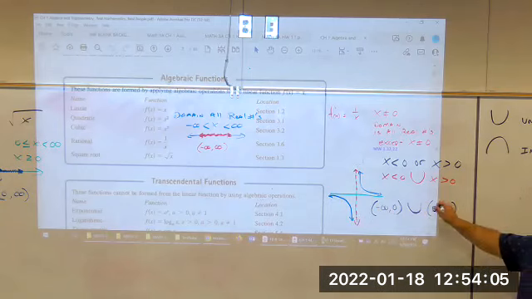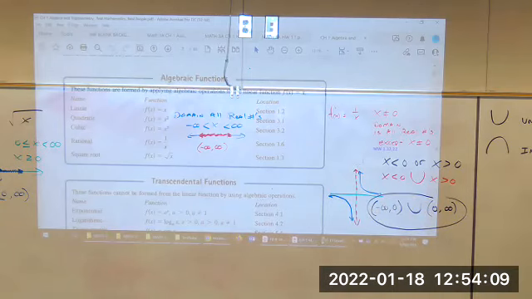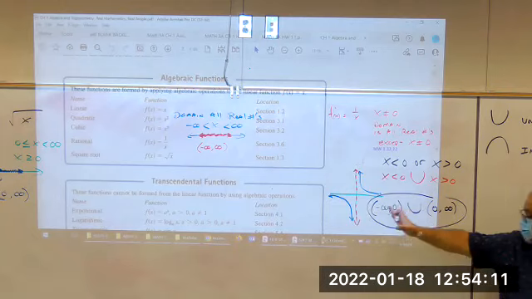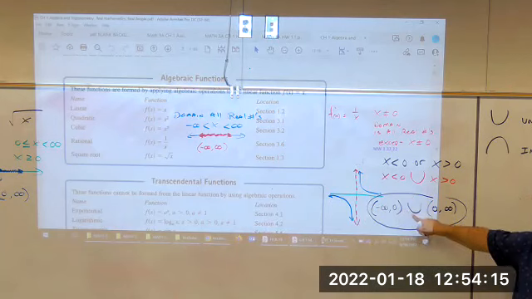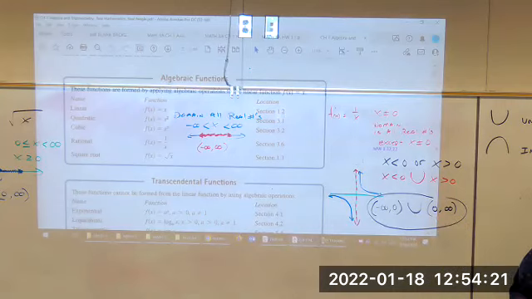This is how you would write it using interval notation. That's everything from negative infinity to 0, but not including the 0, joined together, union, the set of everything from 0, but not including the 0, to infinity. Okay, that's what those symbols mean.